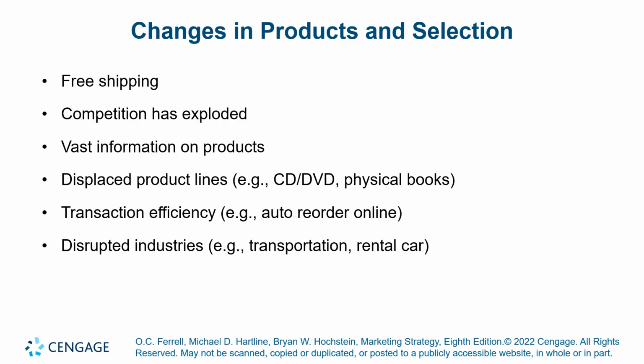If a seller doesn't offer free shipping, we'll go to another offer that has free shipping. Competition has exploded. There are so many competitors. No matter what you want to buy, just search on Amazon or Google and you have lots of competitive offerings.